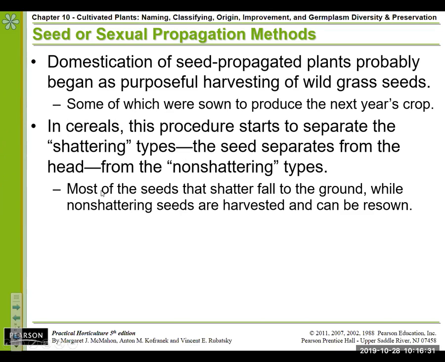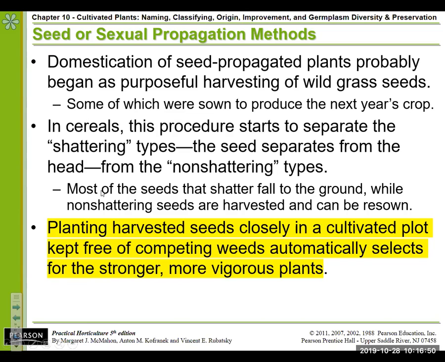The non-shattering seeds, though, those that stayed on the plant, were harvested and then could be resown. So that mutation of the wild grains, basically to hold on to those seeds, is, logically, the first step in the cultivation of grains.